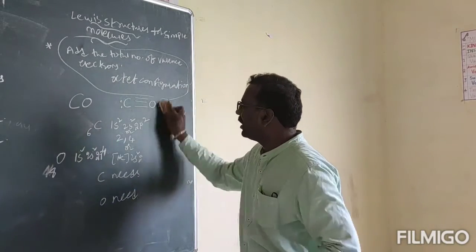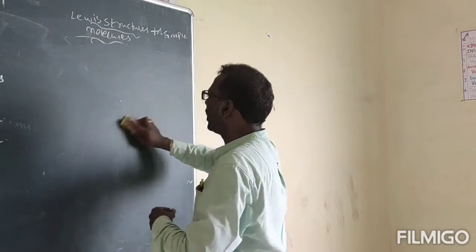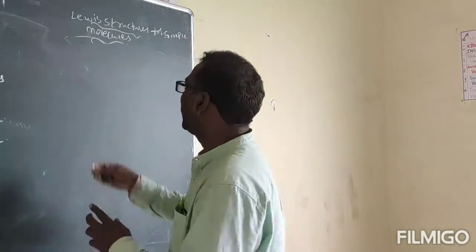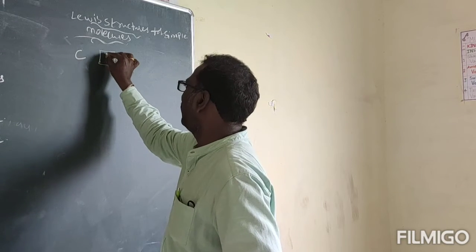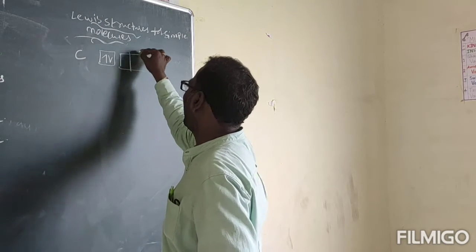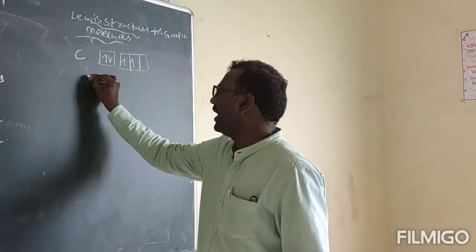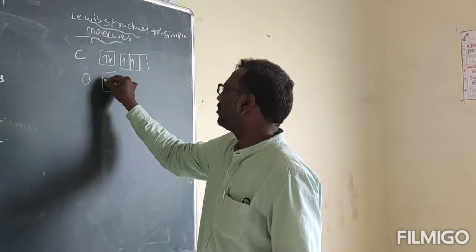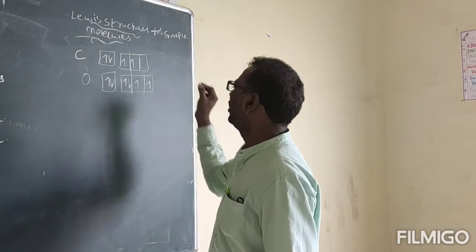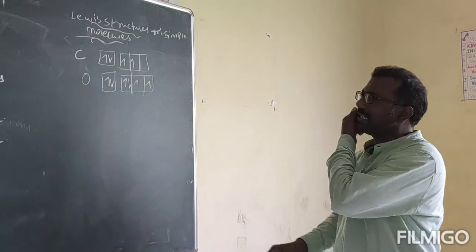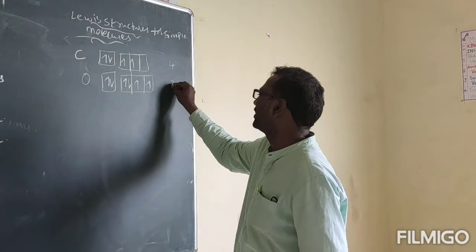Again I am explaining clearly to understand the structure of carbon monoxide. Carbon is having 4 electrons like this. And oxygen is having like this. Now oxygen is in need of 2 electrons and carbon is in need of 4 electrons.